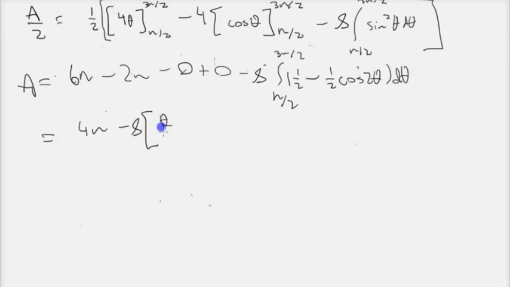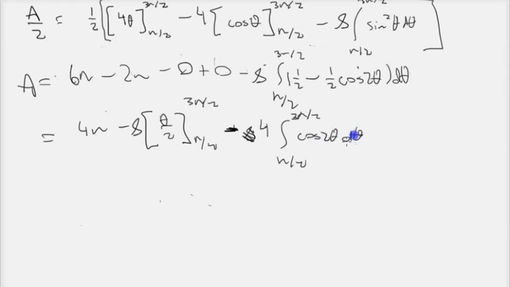So that's going to be theta over 2 between pi over 2 and 3 pi over 2, and then minus and minus is a plus 8, but then that minus 1/2 we can take out, and that's going to be a minus 4 between pi over 2 and 3 pi over 2 of cosine 2 theta d theta.